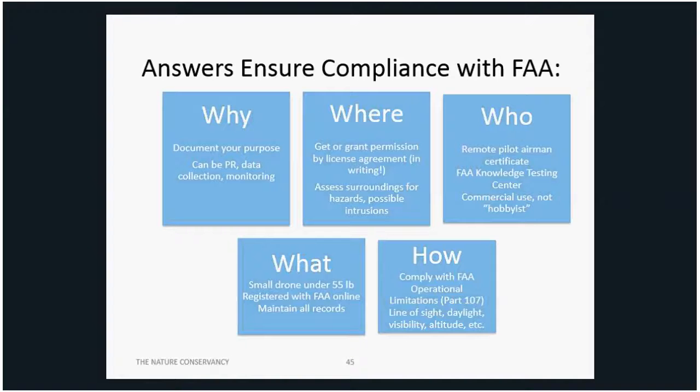So it's important that if you are doing some customization to something that's off the shelf, or even if you decide to build something from the ground up, you understand that those kinds of modifications may need to be documented to the FAA. All of the drones that operate on our property should be registered with the FAA, and there is an online registration process that you can go through. It is just now, as of end of August, been opened up to commercial use.